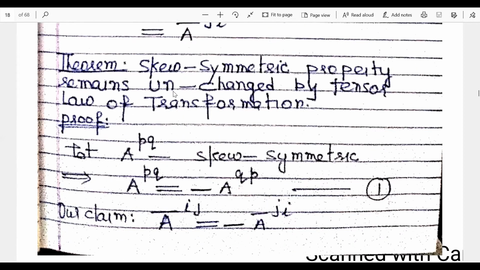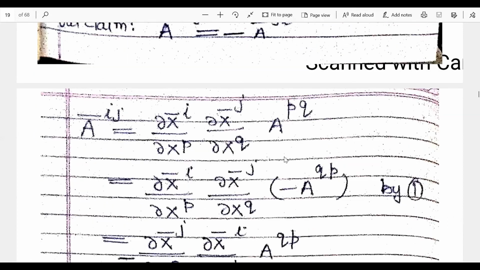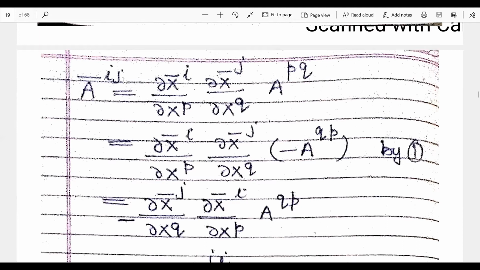On similar lines, the skew symmetric property remains unchanged by the tensor law of transformation. Again we take A_pq, which is skew symmetric. It means A_pq is equal to minus A_qp. Our claim is A bar ij is equal to minus A bar ji. So by definition, A bar ij is equal to this law of transformation.